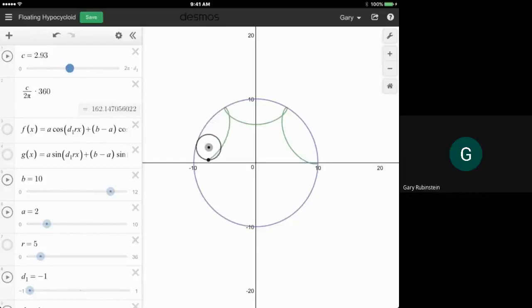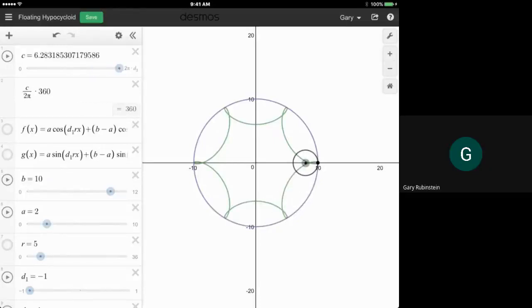So it looks like it's rolling, like it has that physics, but it's not actually what happens with rolling, because it's going at the wrong speed if it were actually rolling. The movement of this little circle is counterclockwise, but the rotation of the little circle is clockwise.